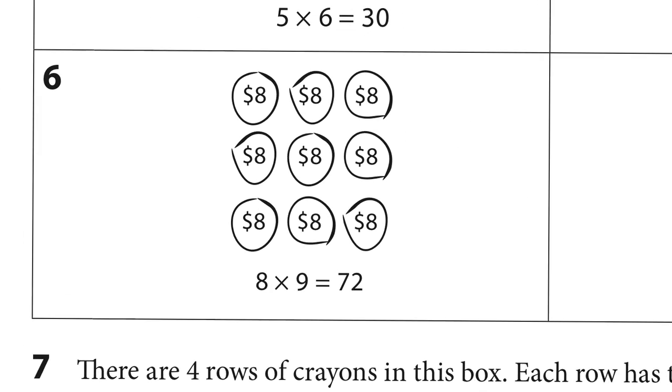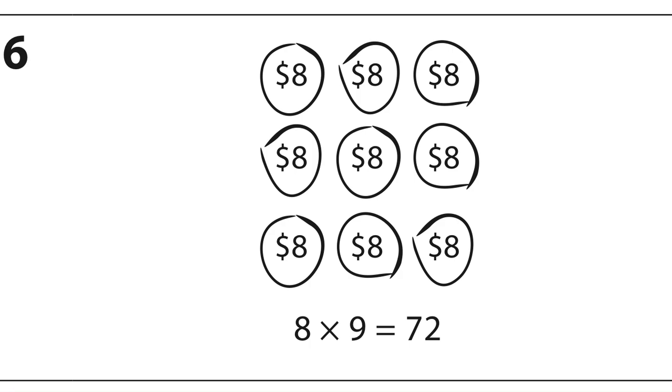So when we look at this one, it looks like we have 8 times 9, and they specifically drew groups of $8. So for some reason, we have all of these groups of 8. Maybe we gave $8 to all of these people. Like, you give 9 people $8 each. How much does each person get?